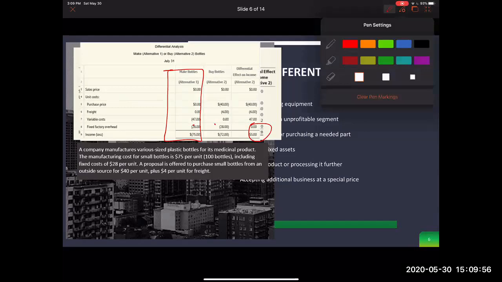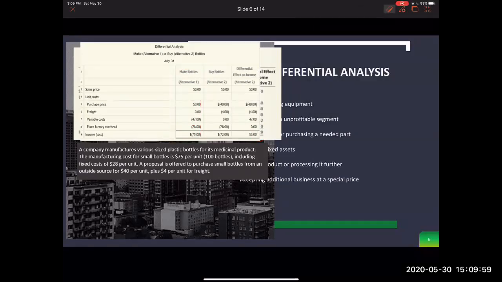All right, so let's go through this one. I know I have the answers up here, but for a second, I just want to walk you through how we got these numbers. If we're making a bottle, again, there's no sales cost and there's no purchase cost, but there are variable costs we need to consider. Let me read through this. It tells us that the manufacturing cost for small bottles is $75 per unit, including a fixed cost of $28.